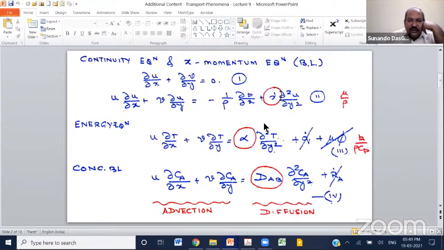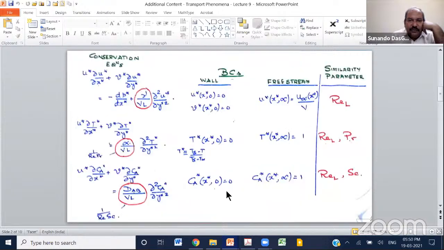So the kinematic viscosity, thermal diffusivity, and mass diffusivity are going to play a major role in identifying the similarity between these three equations. The left-hand side is advection, the convective flow of mass, heat, and momentum, and on this side is the diffusive flow.